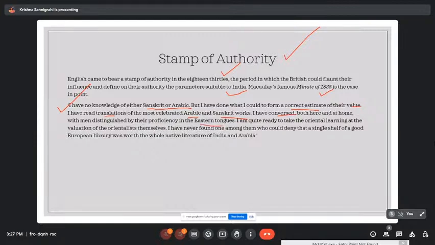I am quite ready to take the Oriental learning at the valuation of the Orientalists themselves. I never found one among them who could deny that a single shelf of a good European library was worth the whole native literature of India and Arabia. This part, you have to pay attention to. If it is quoted, you should be able to say who is saying it and from where it is taken.